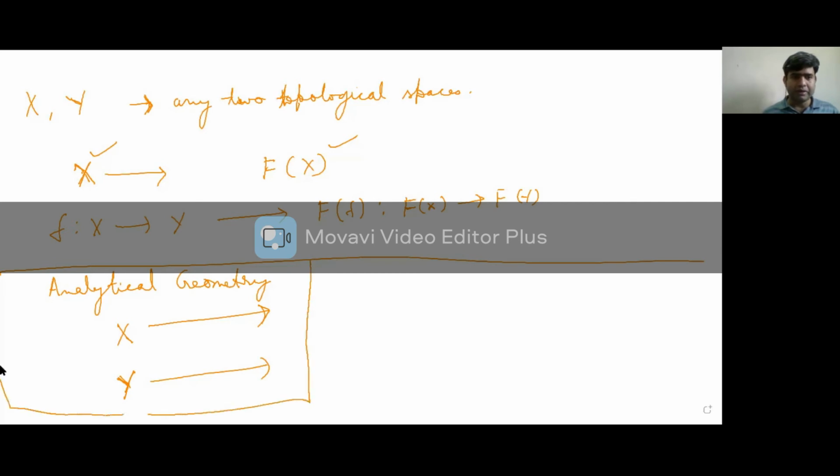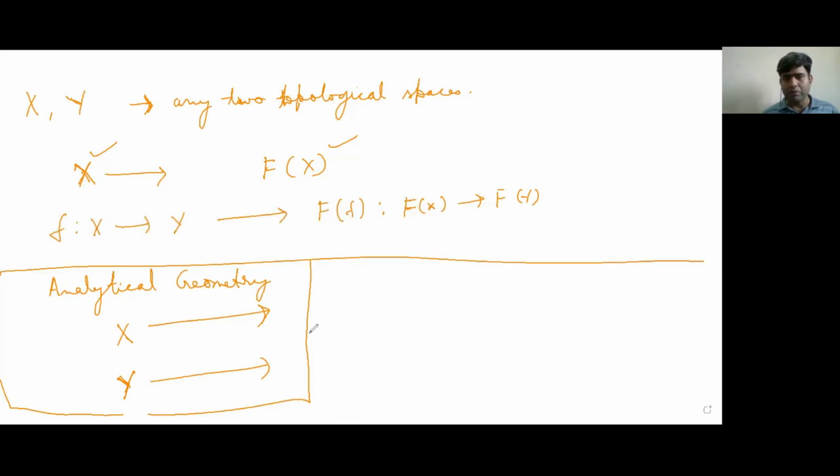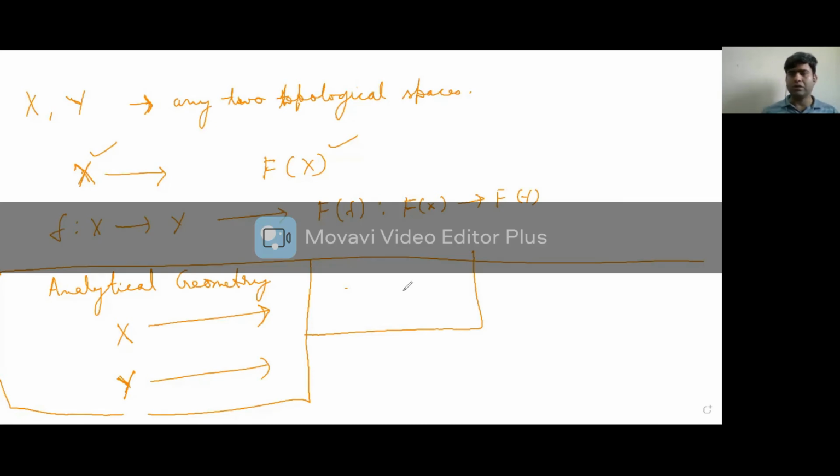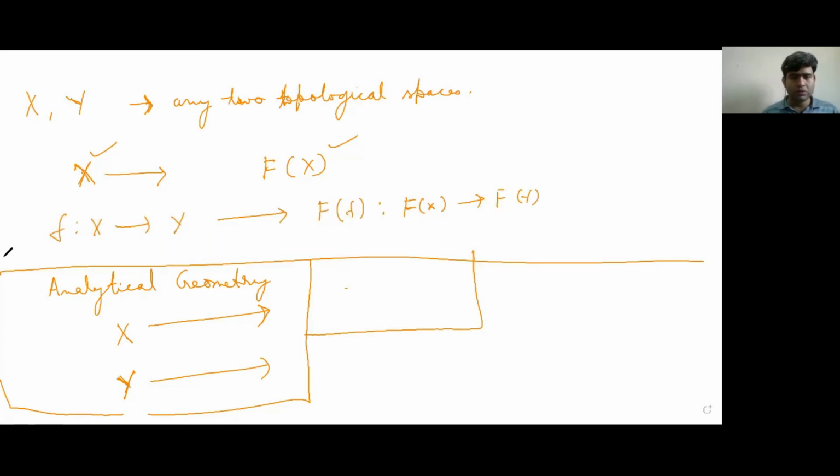So this is a fundamental technique: given any problem in any field, converting it to another problem in some other field, solving that, and then concluding the solution in the previous field. We will be discussing these things in detail.